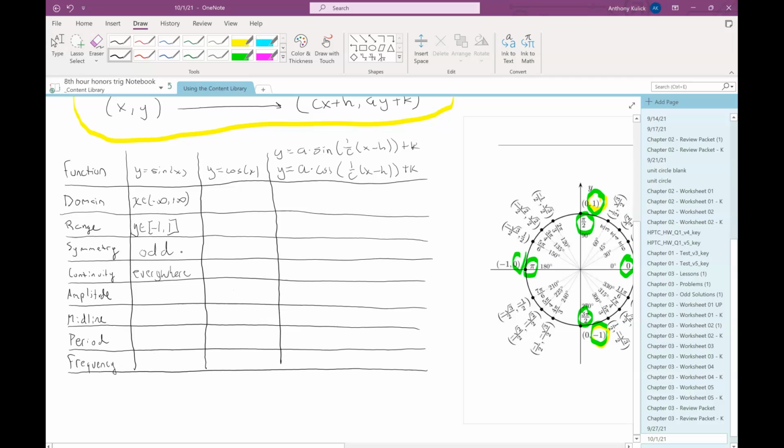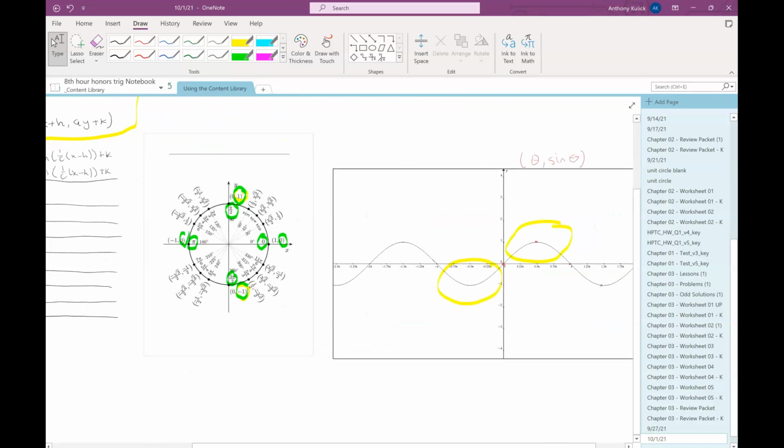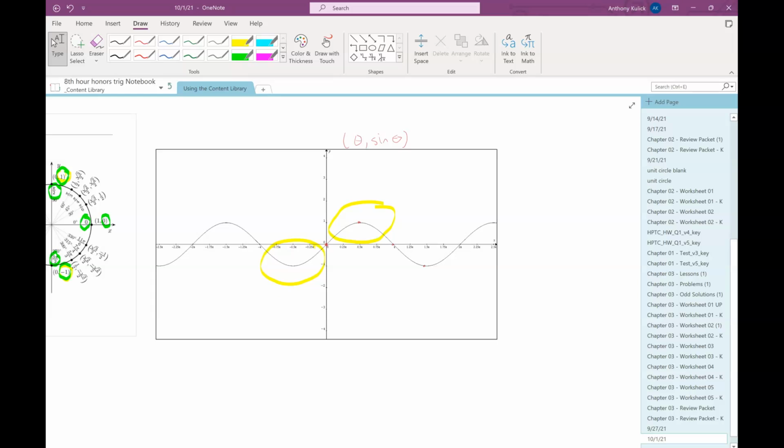So we're going to do the midline next. When we talk about the midline for one of these graphs, we're talking about a horizontal line that divides the graph kind of in half.